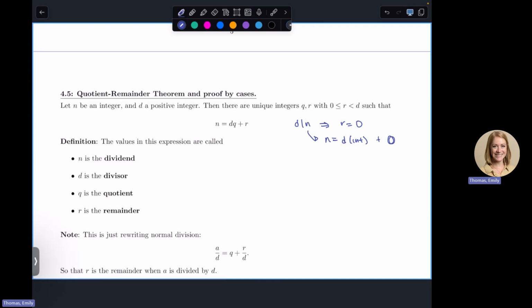This is trippy. Notice here that the divisor and r have these bounds involved. So r has to be between 0 inclusive, because if it divides evenly, the remainder would be 0. But r can't be bigger than the divisor, obviously, or the quotient would grow by 1.